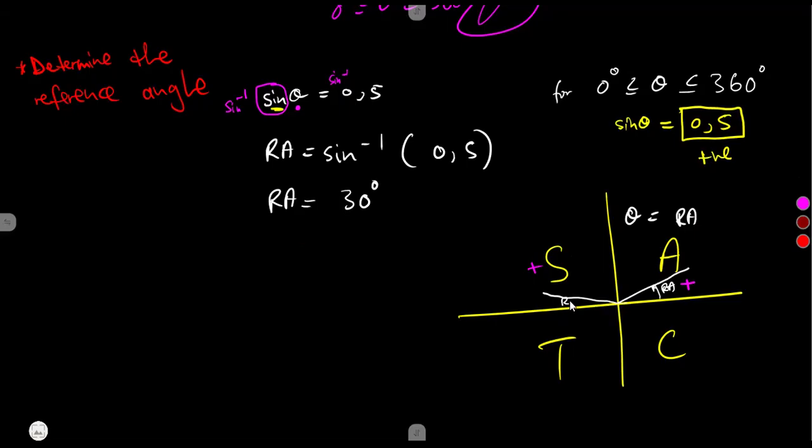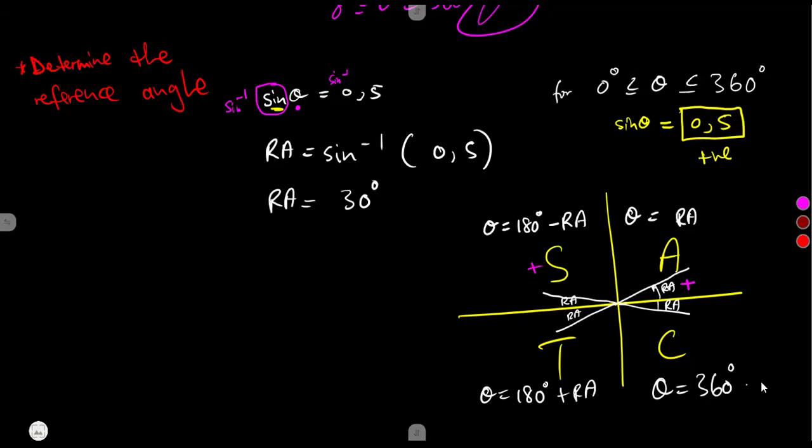Here, we're going to have the reference angle on this part, so our theta is going to be 180 degrees minus the reference angle in the second quadrant. In the third quadrant, the reference angle is going to be here, so our theta is going to be 180 degrees plus the reference angle. If it lies in the fourth quadrant, this is where you have your reference angle, so your theta is going to be 360 degrees minus the reference angle. These are the conditions that you must work with.